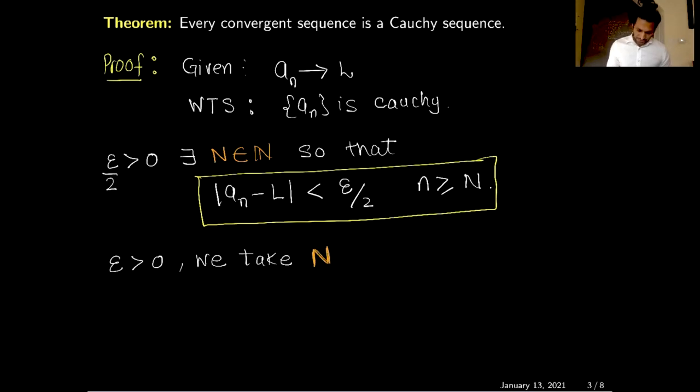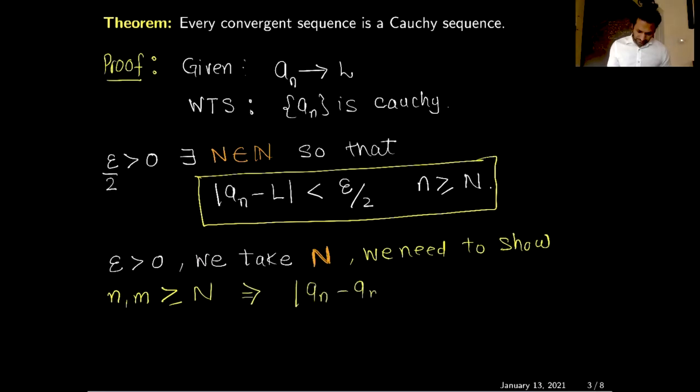And we need to show that when n comma m, if I pick two terms n comma m, are bigger than or equal to capital N, the difference between an and am is less than epsilon. This is what I need to show.